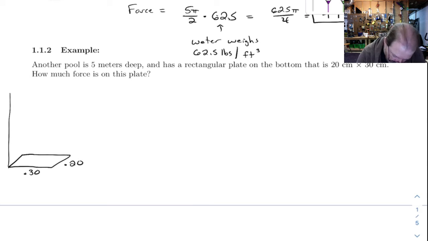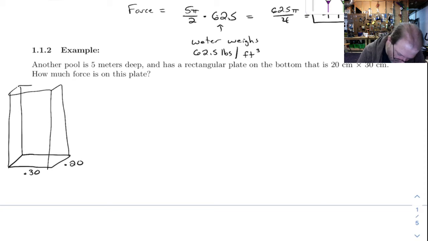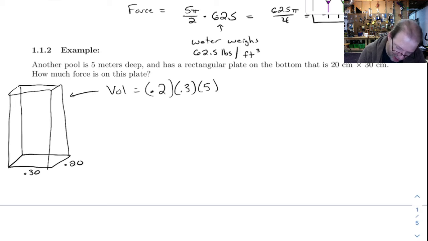And then the column of water on top of it. The volume of water is 0.2 times 0.3 times 5. So let's see, 0.2 times 0.3 times 5 is 3/10.